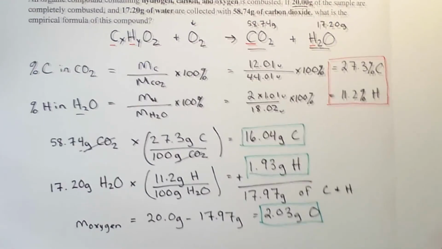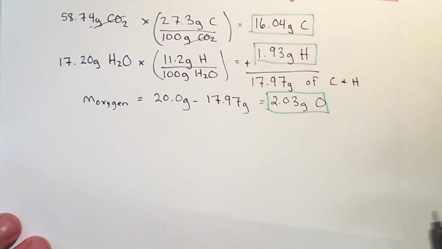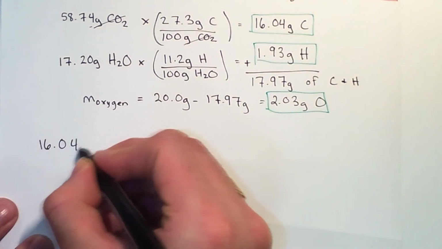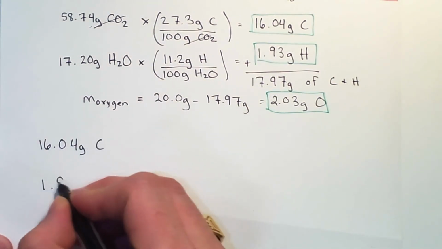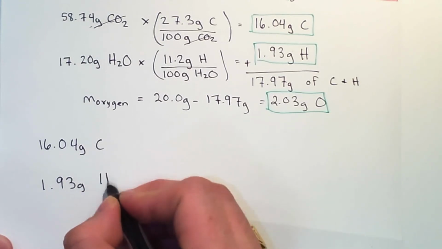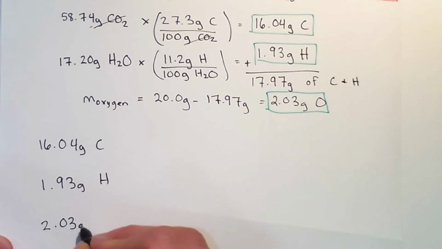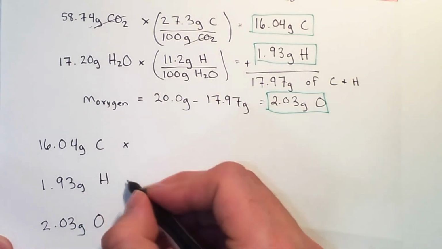So the final thing we really have to do is just an empirical formula question. So 16.04 grams of carbon, 1.93 grams of hydrogen, and 2.03 grams of oxygen.